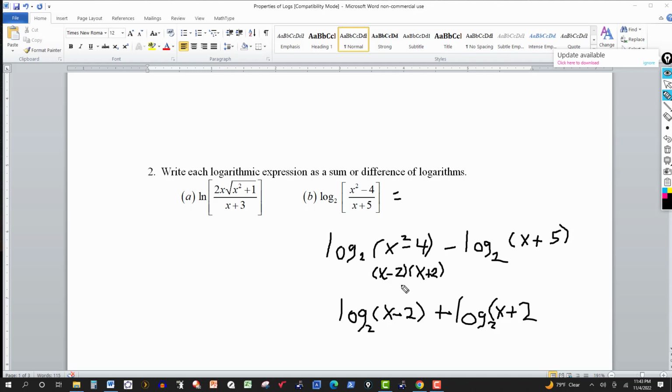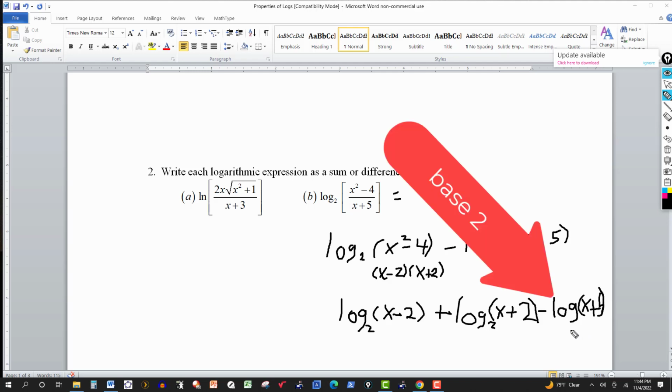Okay, so the log of a product is the sum of the logs of those factors. And then this, of course, is just minus. Can't do anything with this one. Minus the log of x plus 5.